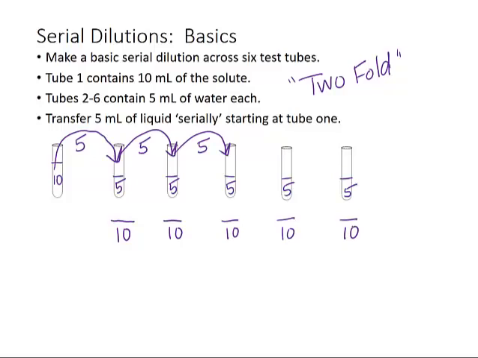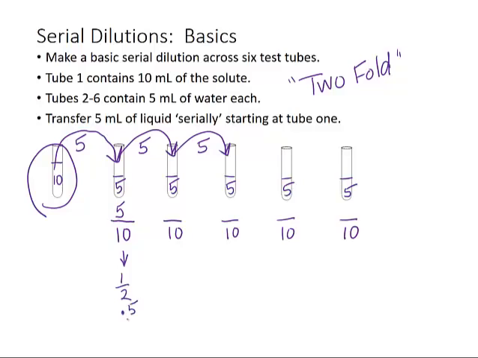Now, what does the top number represent? The top number represents how much of the original concentrate ended up in that tube. So in tube 2, it's 5 out of 10. Now I can reduce that. That's going to be a 1 to 2, or 1/2. Now, what is that as a decimal?